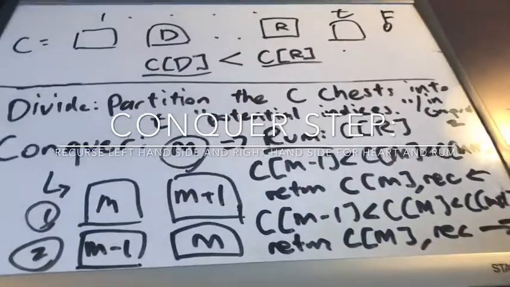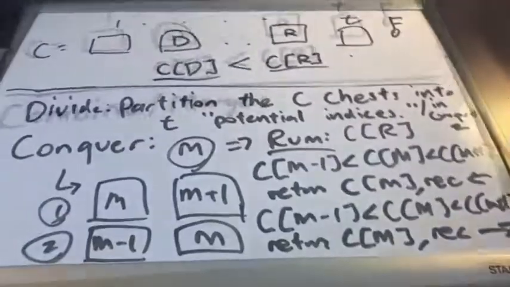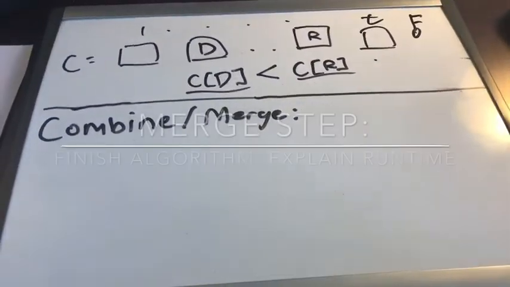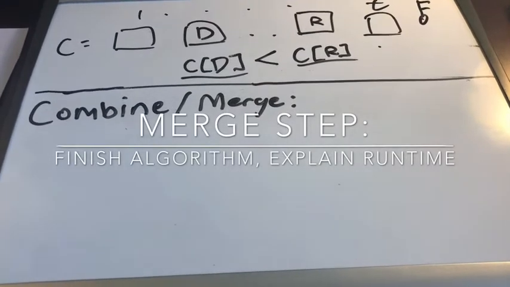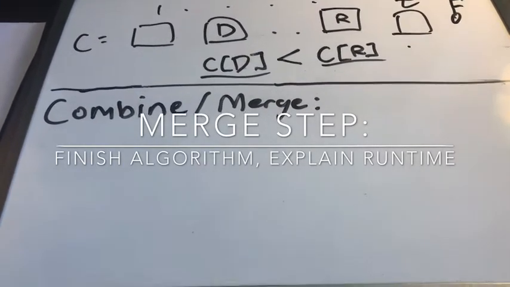Finally, we end the algorithm with the combine stage. So to wrap up the algorithm, we just have to say basically the combine or merge stage. And that's pretty simple.